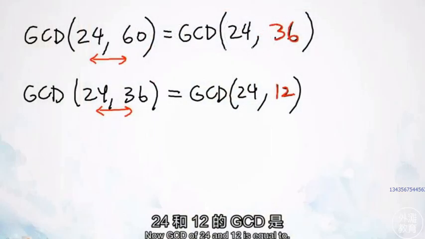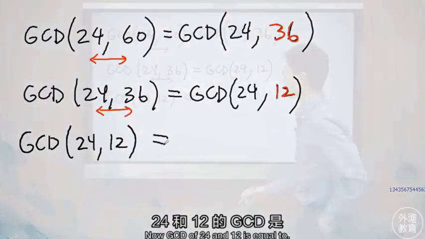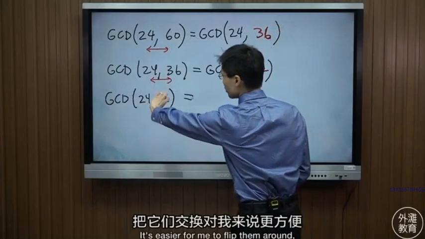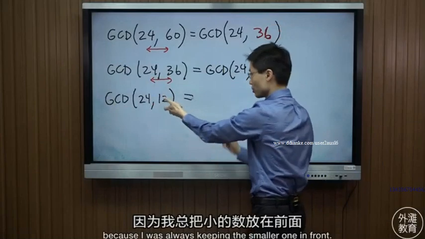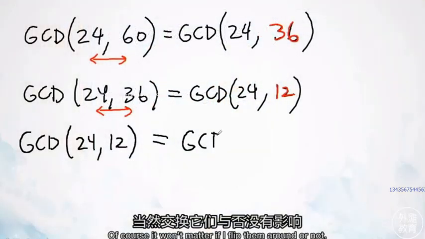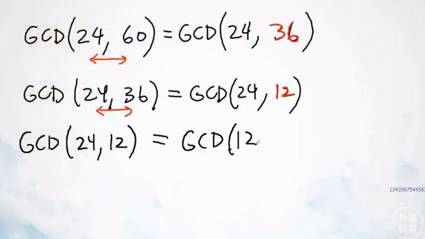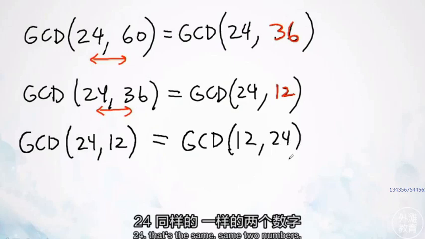Now, GCD of 24 and 12 is equal to, it's easier for me to flip them around because I'm always keeping the smaller one in front. Of course, it won't matter if I flip them around or not. 24, that's the same two numbers.